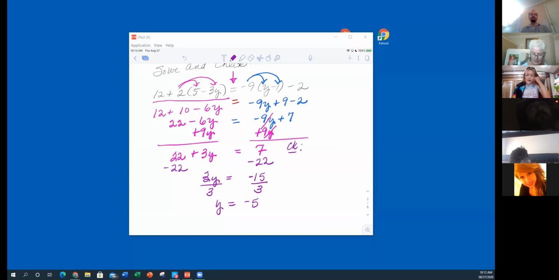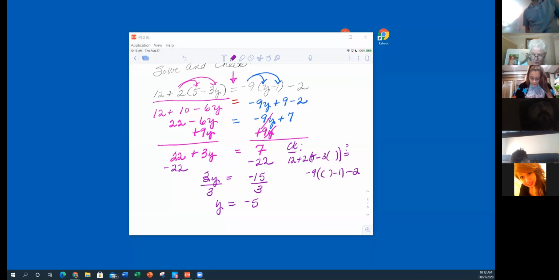So when you check it, this is going to be 12 plus 2 times 5 minus 3y. Does that equal negative 9 times y minus 1 minus 2?